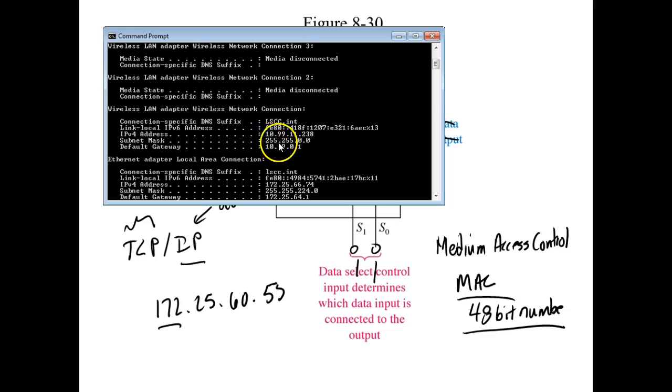But this is called a subnet mask. Anybody know what subnet mask does? Well, a network is divided into subnets, and then it's divided into computers that are on the subnet. So the subnet mask tells us what part of the IP is the network ID and what part is the computer ID. Does that make sense? So the all ones is identifying the network ID.